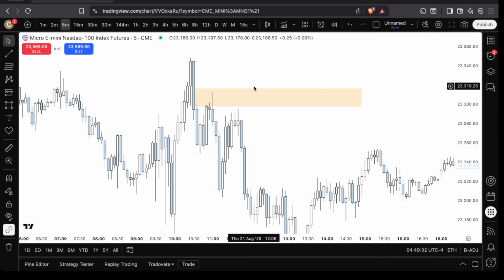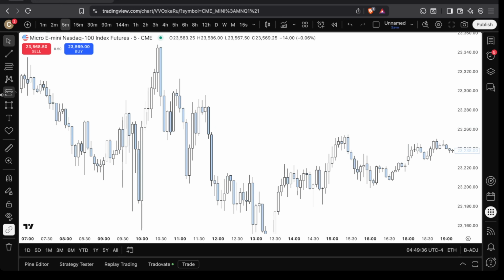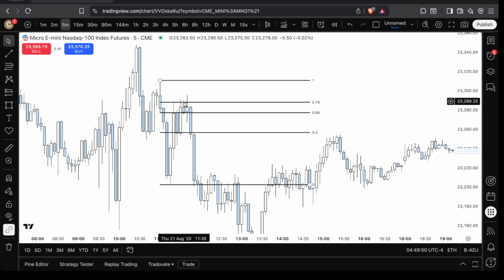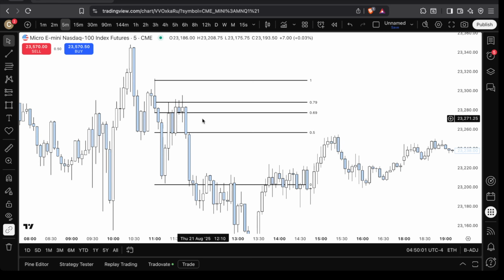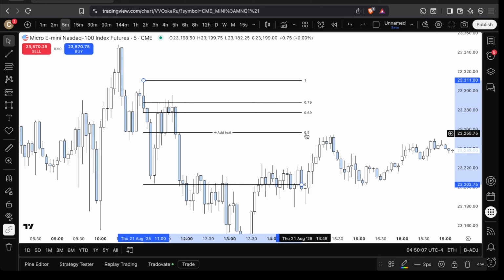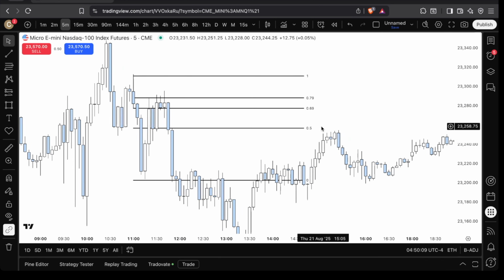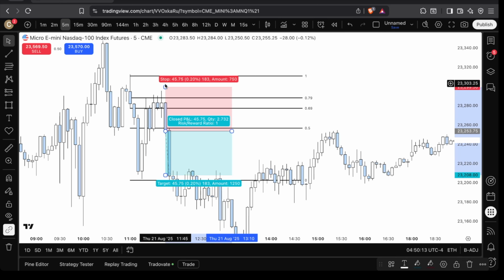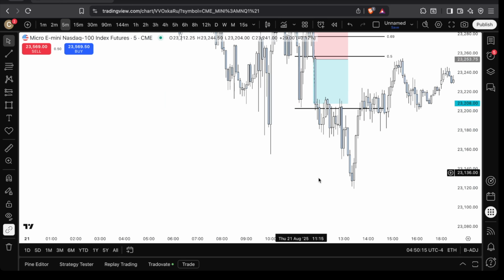Maybe if we can spot something more. Here, what happened? We went into the 79%, right? So here we are in the ranging, kind of the price didn't want to go anywhere. Took the 50%, chilled into the 50% and the 79 zone. And basically after this kind of closed, again, entry right here and target the low.